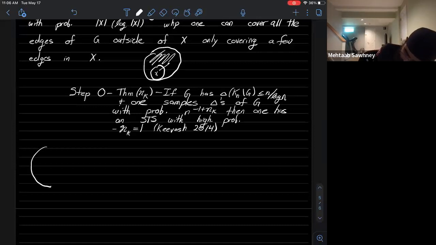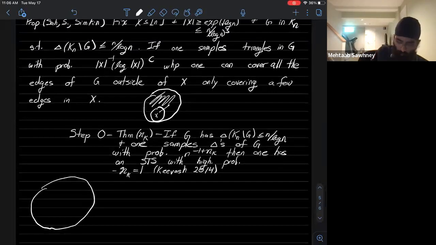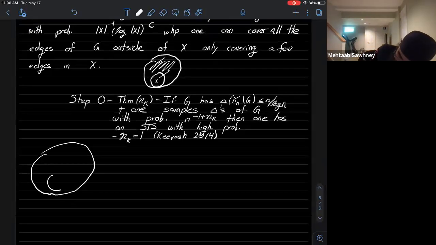So at some moment I'm going to need to invoke this proposition. What I'm going to do is set aside some set X and some set Y on top of it.